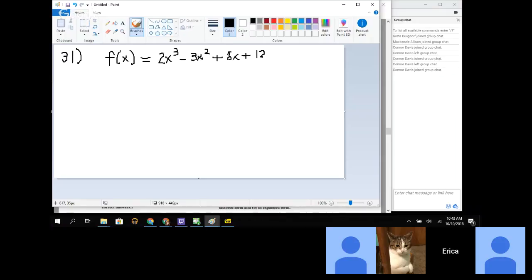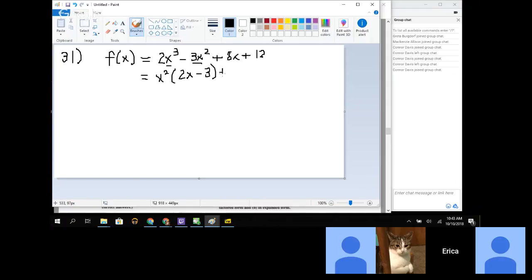So I'm going to help you with part A, which is how do I factor this? Okay. So one way that you can factor cubic functions is we could say in these first two terms, they both share an x squared. So if I pull x squared out, I'm left with 2x minus 3. Okay.